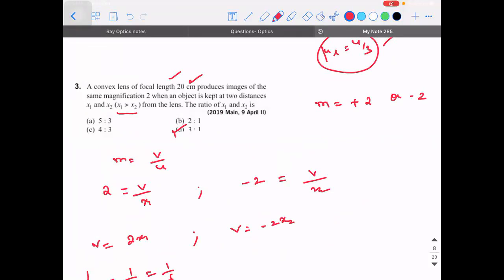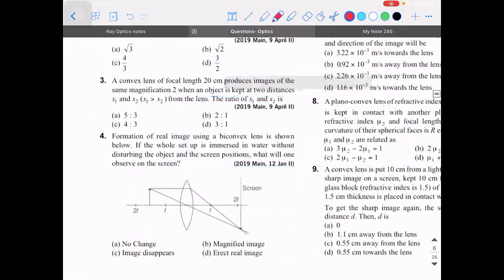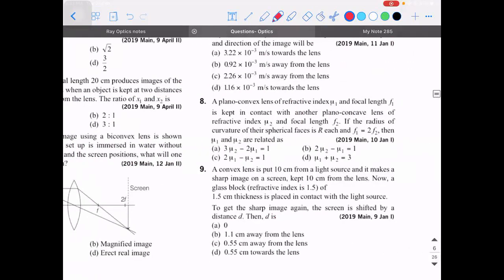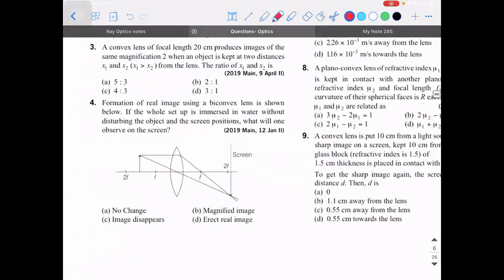Okay. Shall we move on to the next one? Try this.